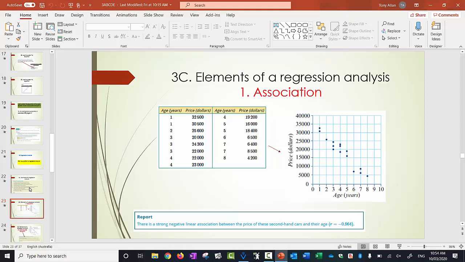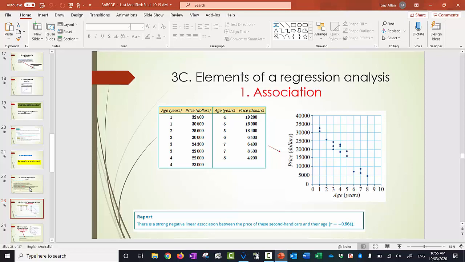At this point, you can mention what the R value is, which you will have got by going onto your calculators. So that's just confirming what you've just been saying. That sort of reinforces that it's strong, it reinforces that it's negative. Negative 0.964 is the number down there, so that obviously confirms that it's strong, confirms that it's negative.